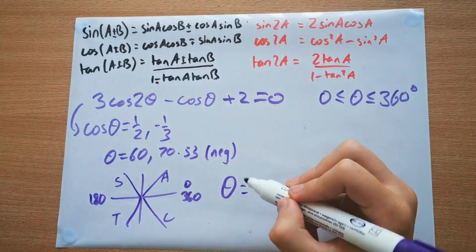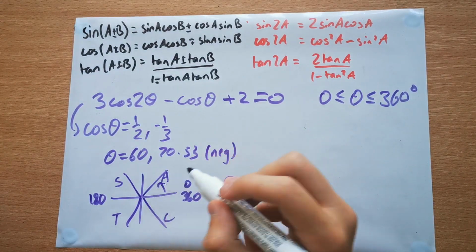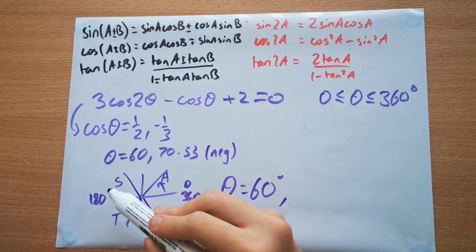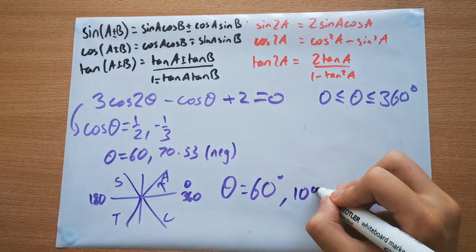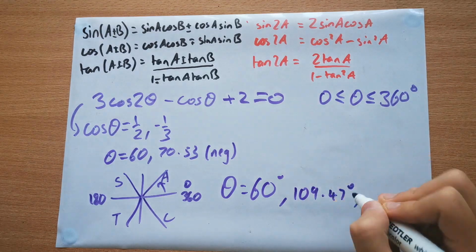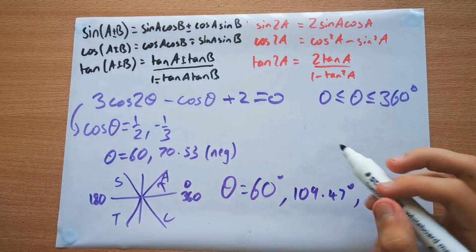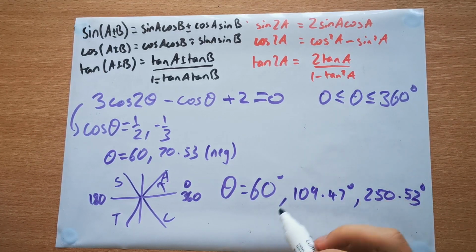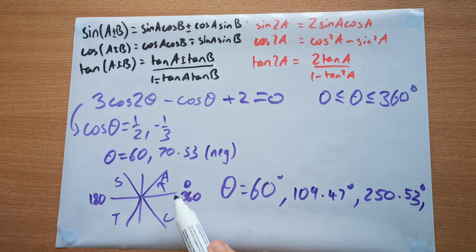So theta is equal to 60 degrees, then the next one, which is 109.47 degrees, then this one round here, that's 250.53 degrees, and we also have this one here, which is 300 degrees. And that is your answer.